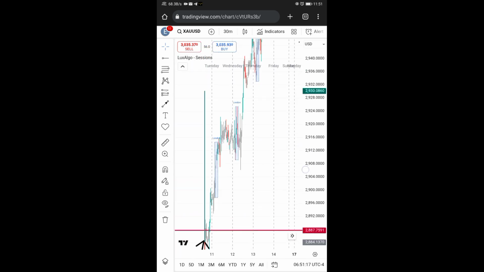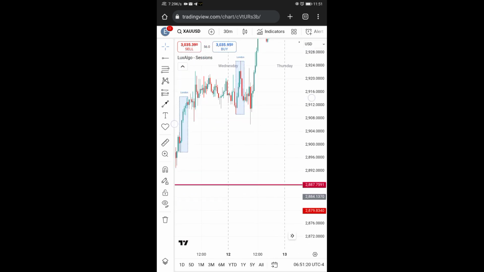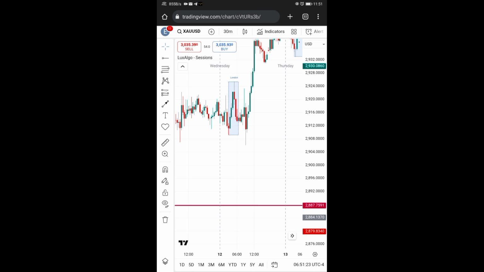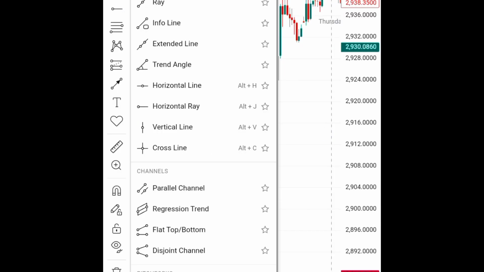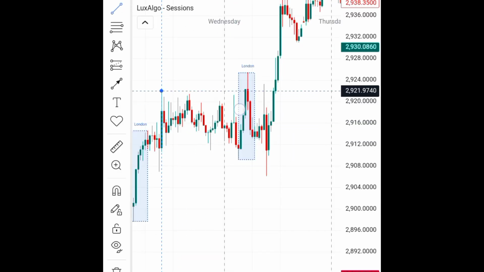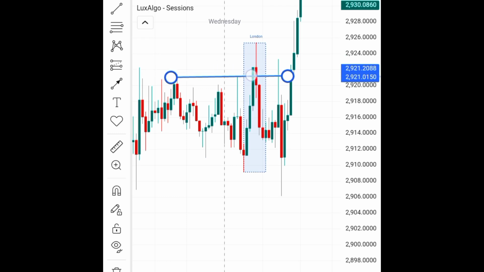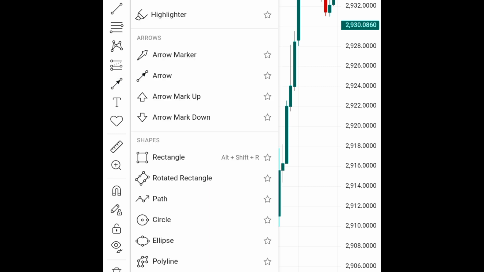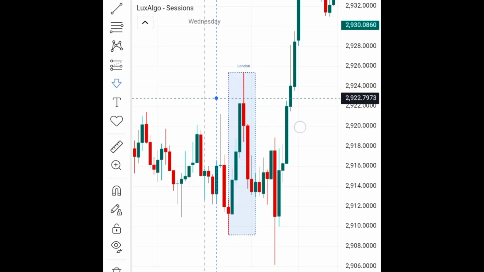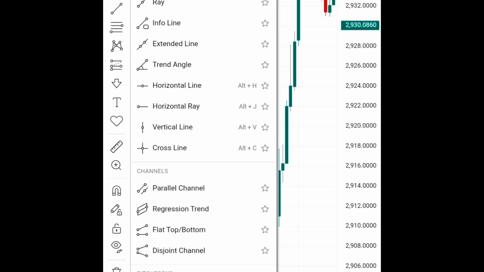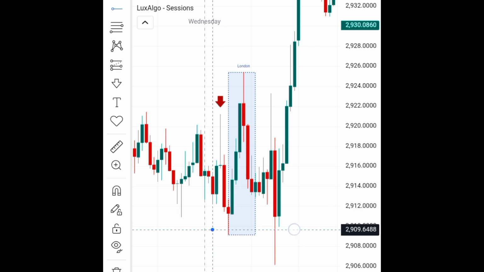So now we have turned our chart once again to our normal candle, and we've seen that this market was able to break structure again to the upside. You see, the market was able to break structure to the upside. So here was the last high, right here, before the London session started, and here was the last low before the London session starts.